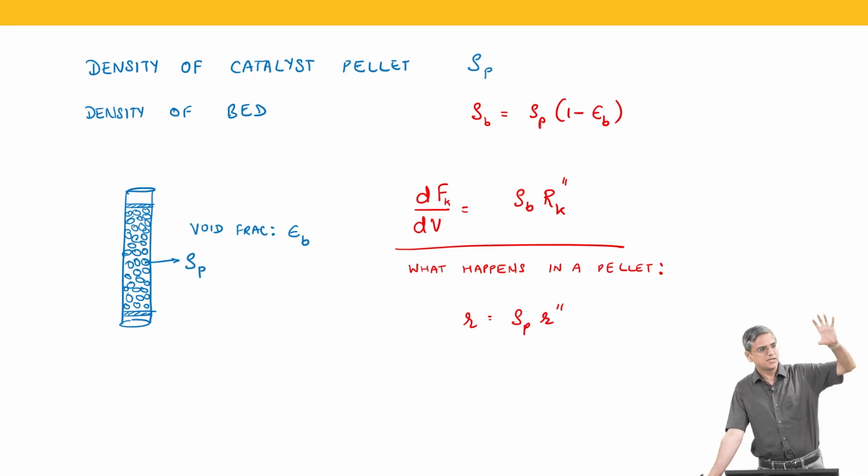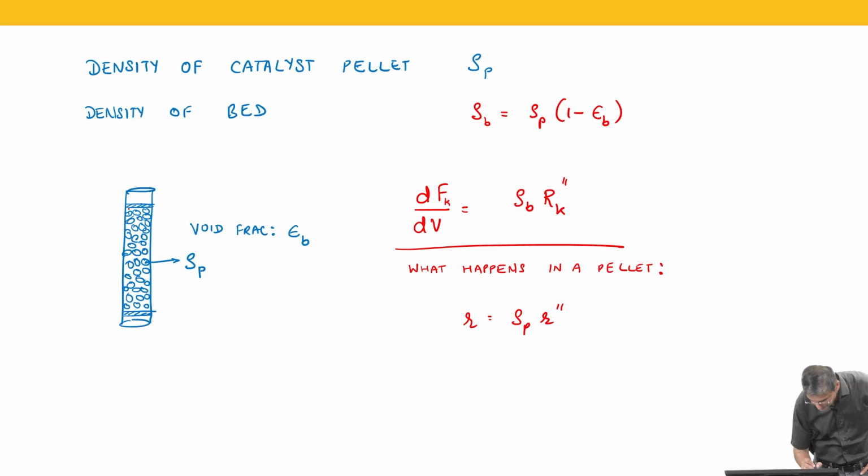Why? Because the pellet is that particular solid itself. Where is 1 minus epsilon b coming in? It comes in because in all of this gap, there is no solid over here. Wherever I am drawing those red dots, there is no solid. These are all fluids.